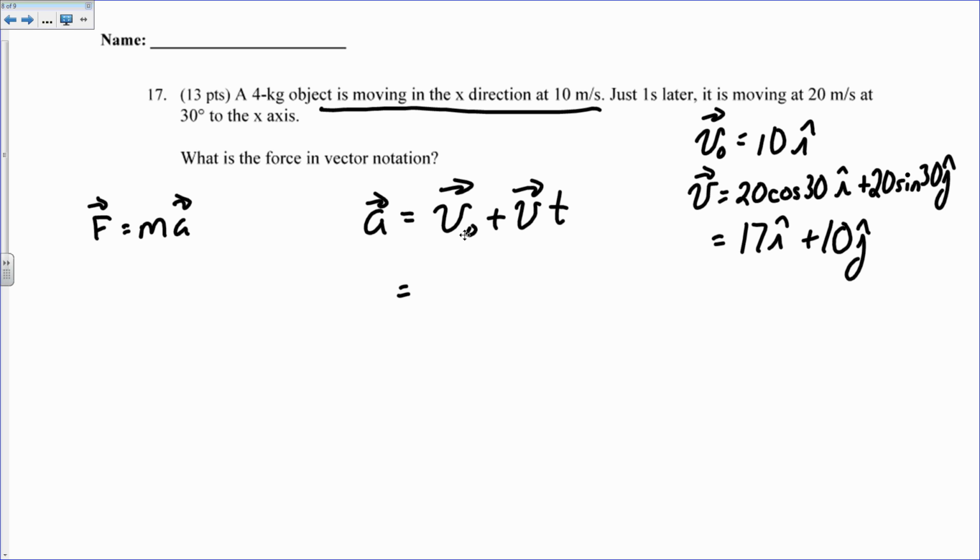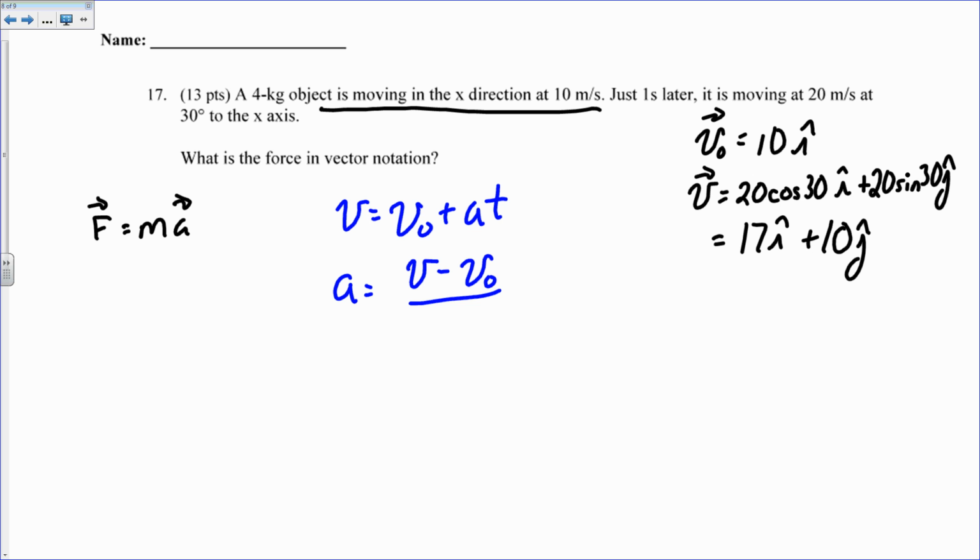So I have A is equal to 10i plus, excuse me, this is incorrect here. Rewrite this. v equals v naught plus at. So I'm looking for a, that's v minus v naught over t. So that's 17i plus 10j minus 10i, that's my v naught, over my time, which is 1 second.